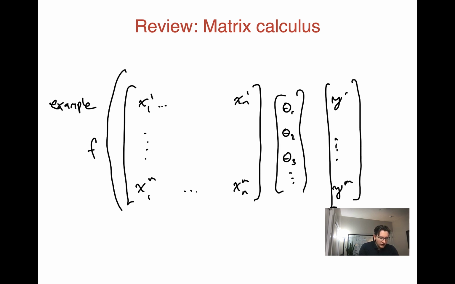And now our training looks more like we take a big matrix of training data, we take a vector of parameters, and we try to optimize that to approximate our labels. Now, often it's going to be much more efficient to do it this way because often we can optimize across our entire parameter vector simultaneously.